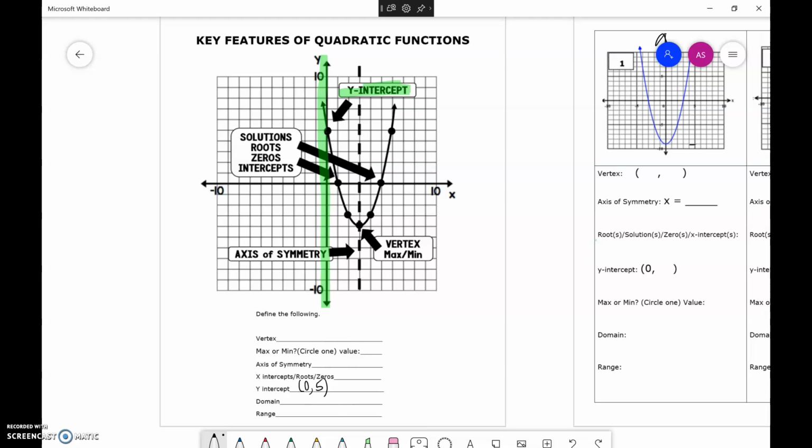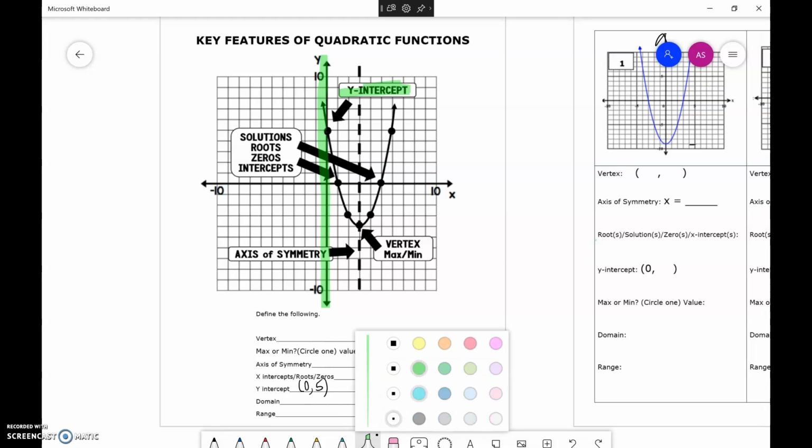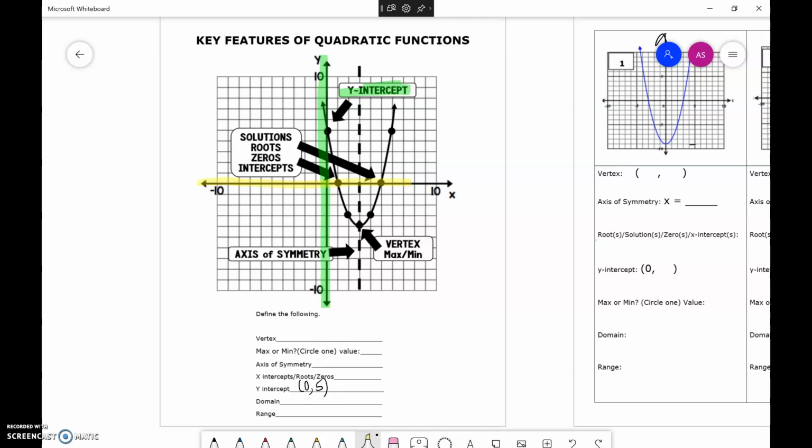Okay. Now with quadratics, when you're looking at your x-intercepts, it can cross the x-axis up to 2 times. So it can either cross 2, 1, or not at all, which we'll talk about in the future. For this graph, we have 2 x-intercepts. One is right here and one is right here.